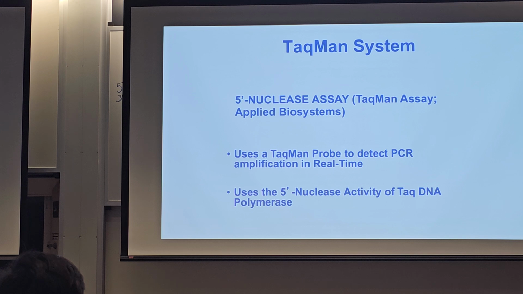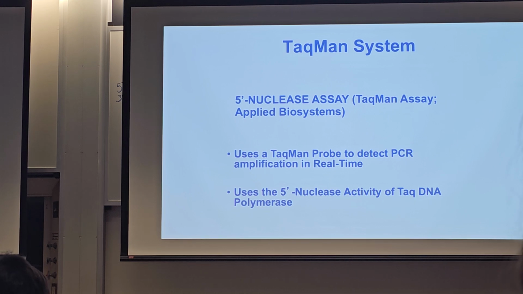Okay, the TaqMan system is also called a 5' nuclease assay, or the TaqMan assay. It was developed by Applied Biosystems. It uses a probe that we call a TaqMan probe that allows us to detect the amplification in real time. And the TaqMan assay uses the 5' nuclease activity of Taq polymerase.